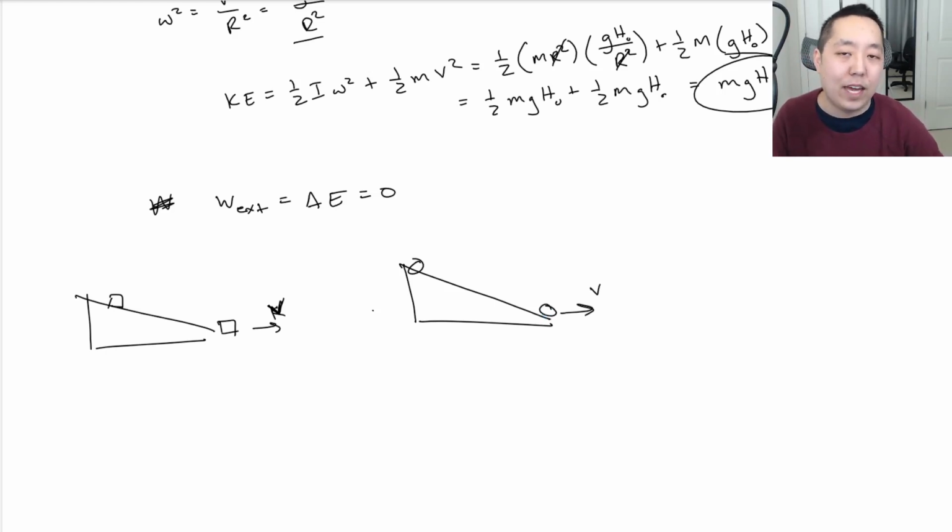And I speak emphatically because I think this is really interesting and a really subtle point about rolling. I like the question in that it is difficult and subtle. It really tests your understanding of energy and rotation altogether. And I know there are going to be a lot of people who made mistakes and kind of mixed that part up.